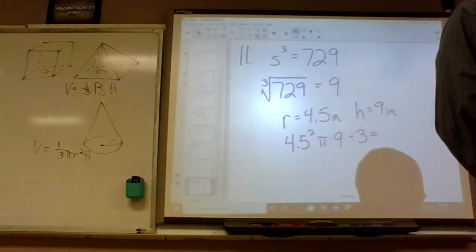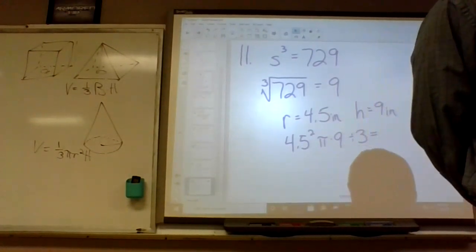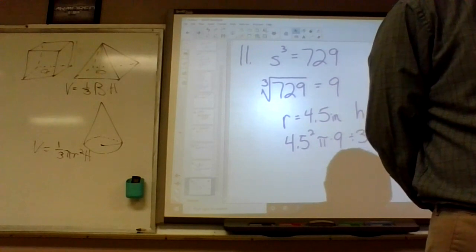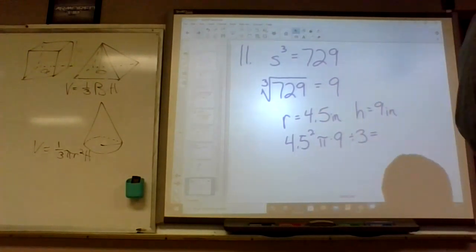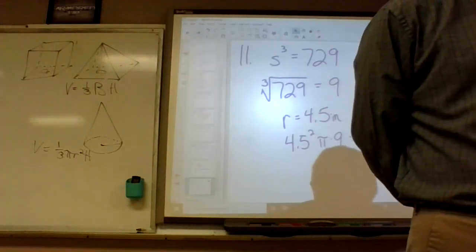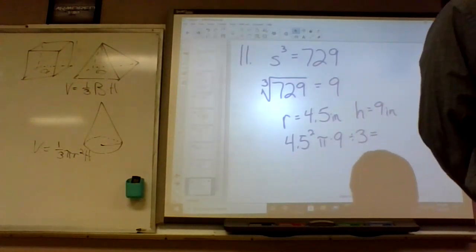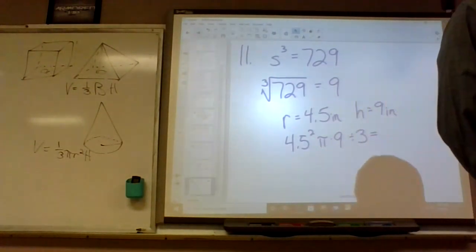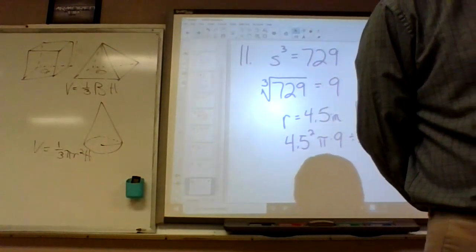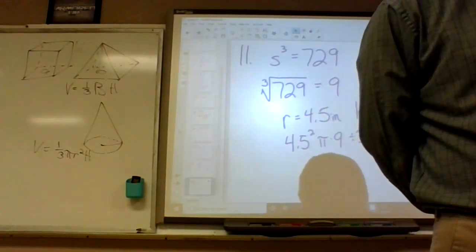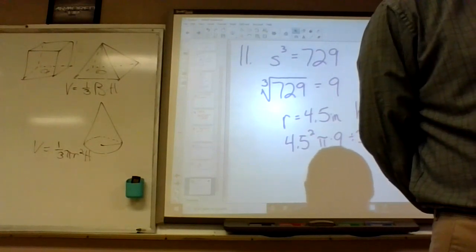Okay, number 13, the area of triangle FED, so that would be the big triangle on the bottom there, is 27 square centimeters. The area of triangle ABC, up above, is 3 square centimeters. Find the volume of the three-dimensional figure ABCDEF.